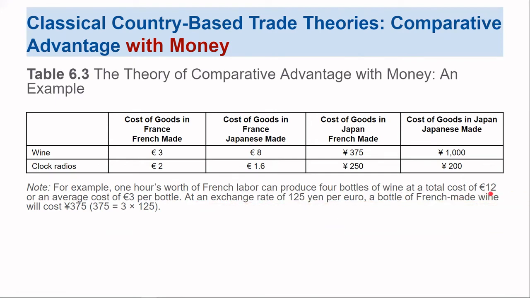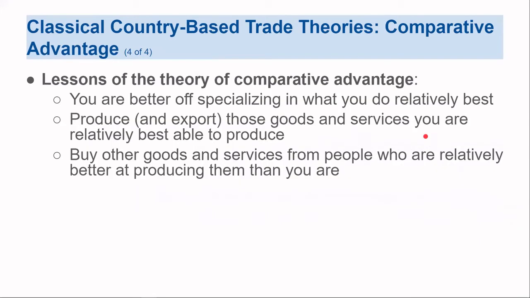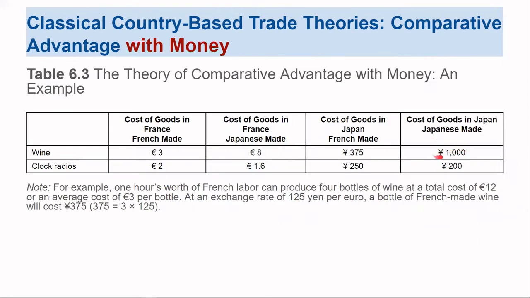That means the hourly wage rate in France is 12 euros. And the assumption, which is not written here but is in the book, is that the hourly wage rate in Japan is 1,000 yen. You can see here, right? One output is equivalent to 1,000 yen.